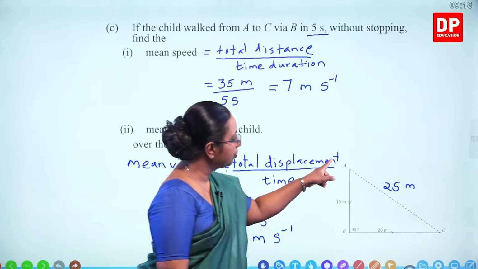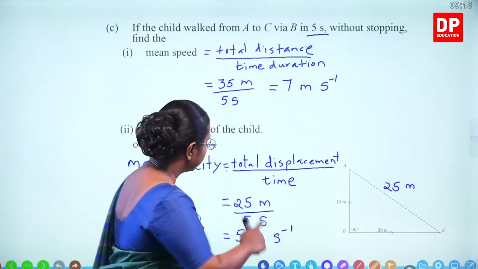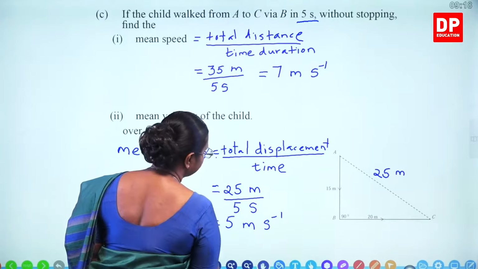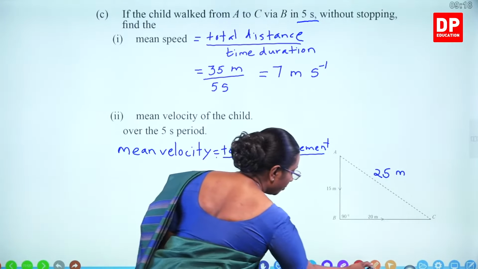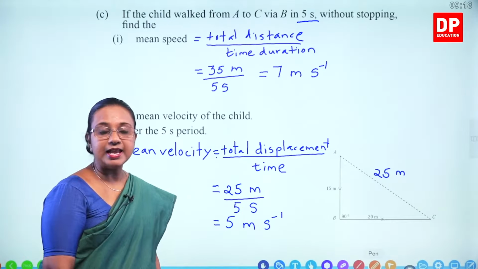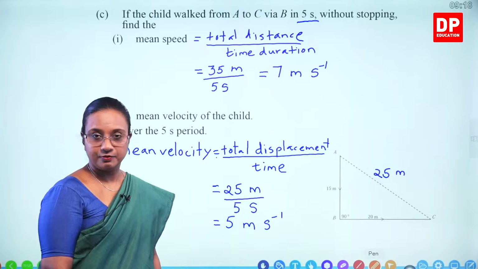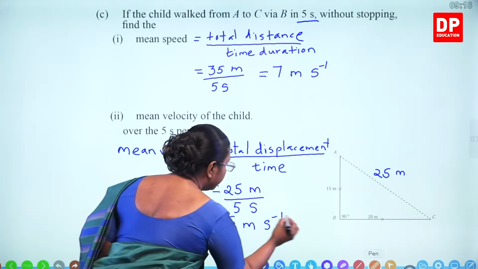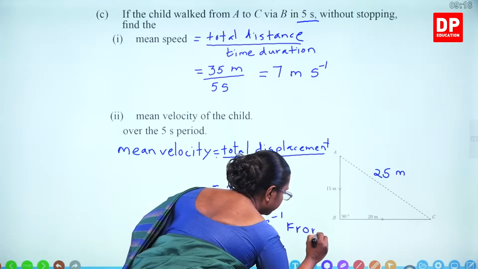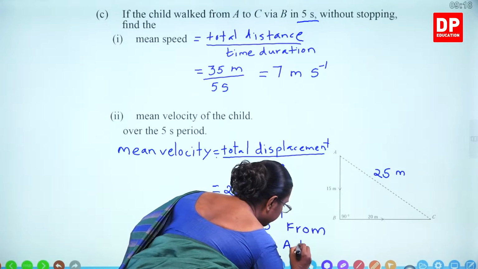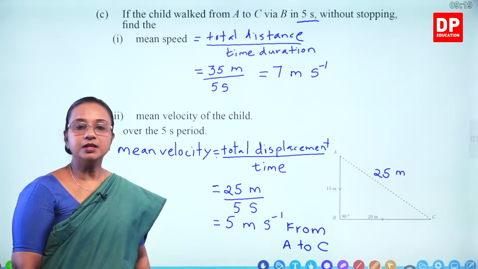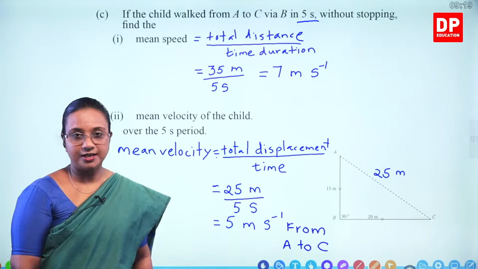And the child moves from A to C. Therefore, we can include the direction with the velocity. As you know, velocity is a vector quantity. So, if we can include the direction, it would be better. So, here 5 meters per second from A to C. So, that is the velocity of the child.